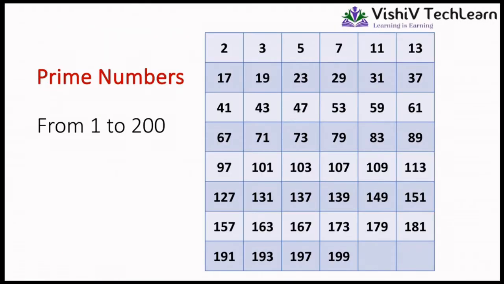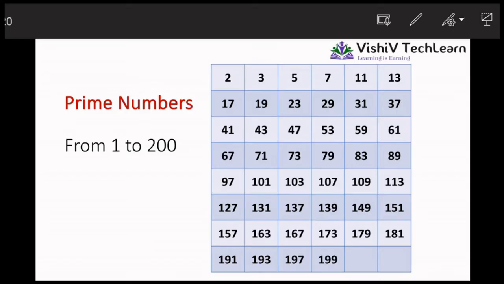Going further, we have a table of prime numbers. Now prime numbers are basically the numbers which cannot be divided further by any other number. So if we try to divide these numbers, we will not get a whole number. So this is how prime numbers are.